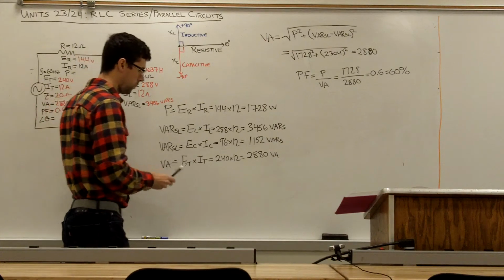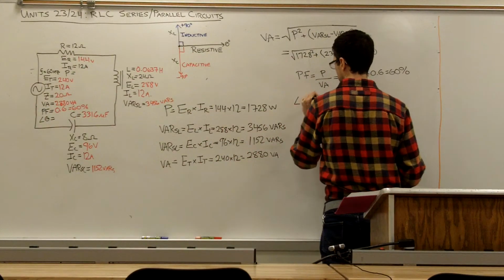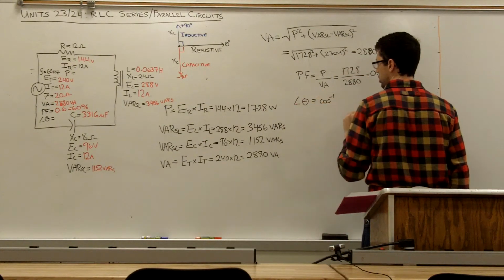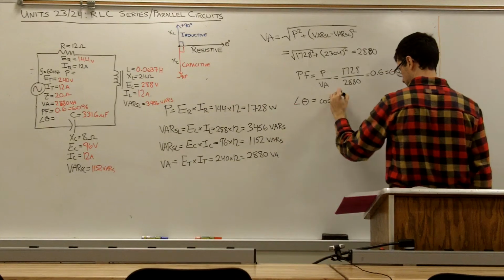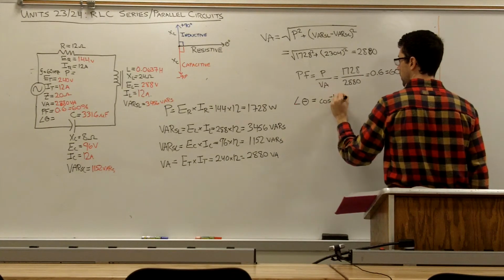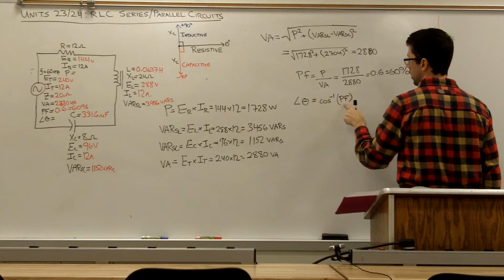And then finally, we have angle theta, which is the phase relationship between voltage and current. It is the arc cosine, or the cosine to the power negative 1, of your power factor.